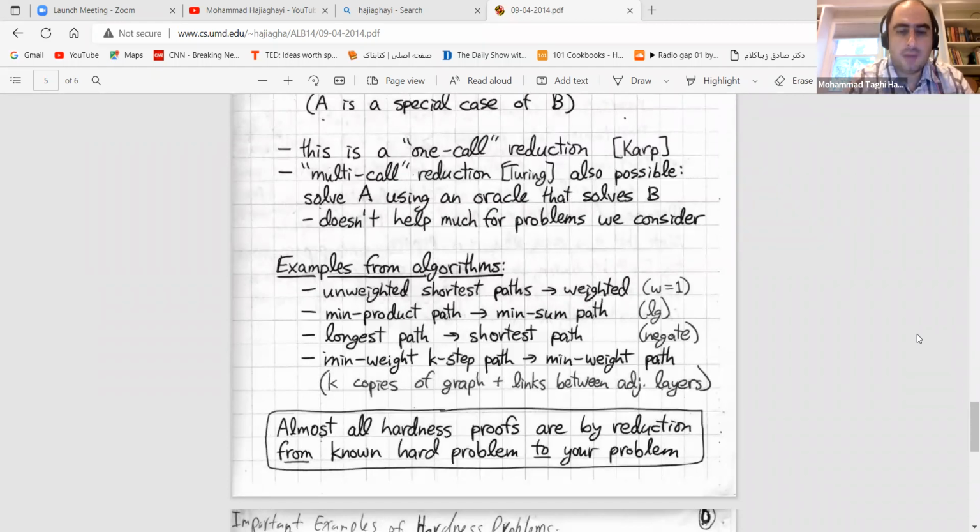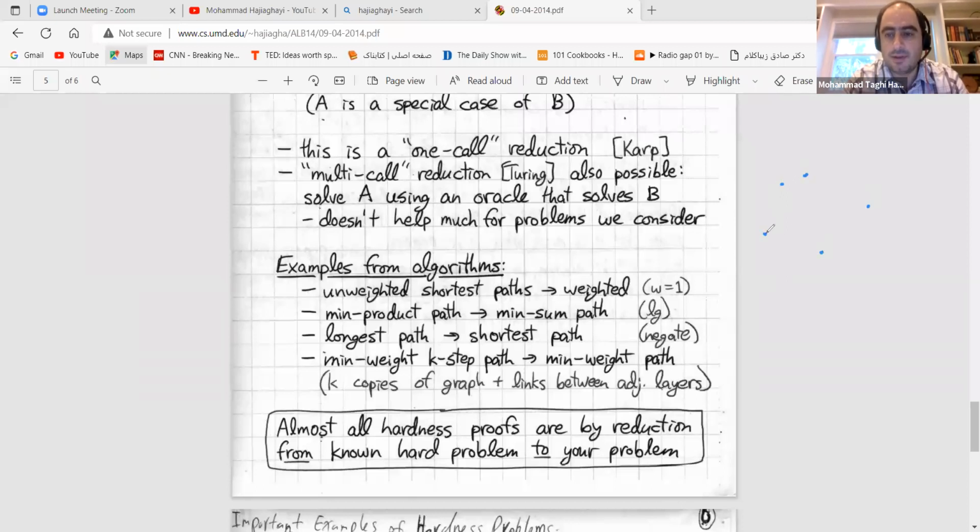Good. Some examples for algorithms that have some kind of reduction. For example, from unweighted shortest path to weighted shortest path. What is the shortest path in the graph? I will just mention it so that you get familiar, because we are working with this problem.